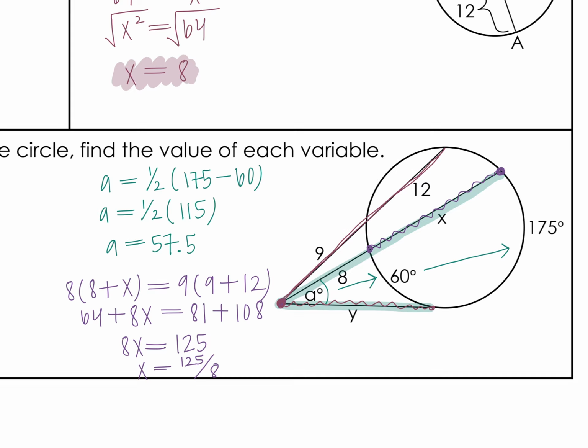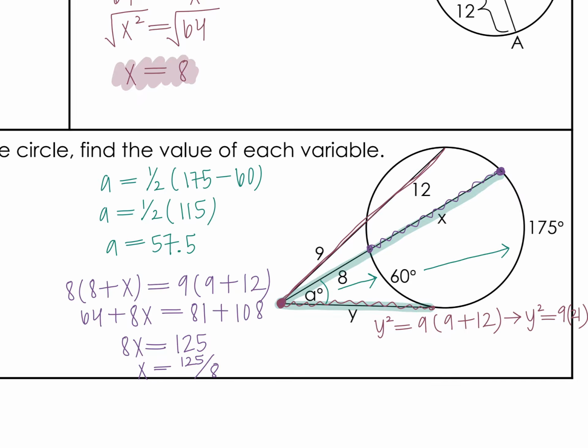Remember, your tangent squared, so using case 3, is equal to your outside, that 9 times my whole, so 9 plus 12. From there, I'm going to say that my y squared is equal to 9 times, and the 9 plus 12 is going to give me 21.